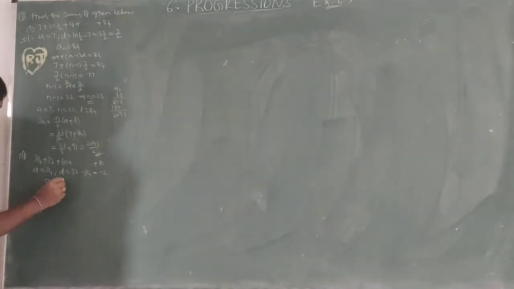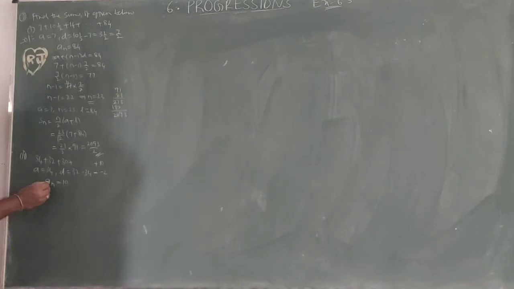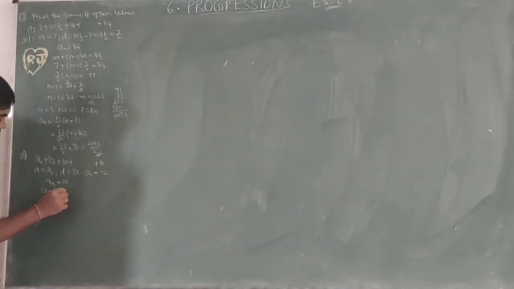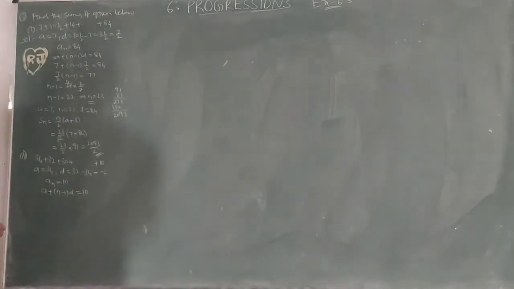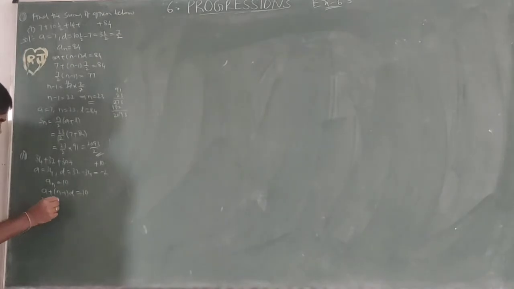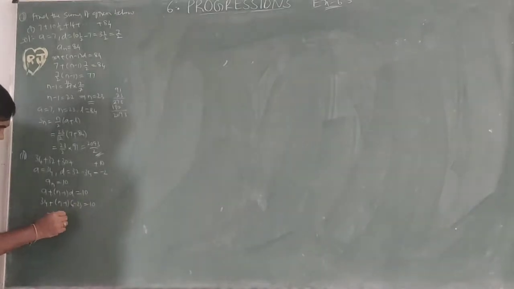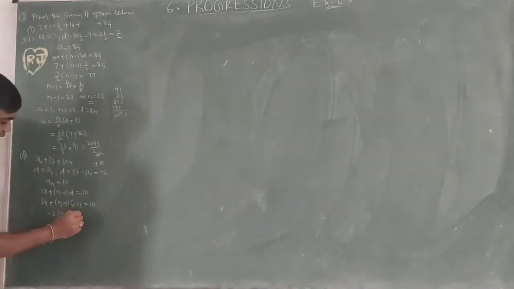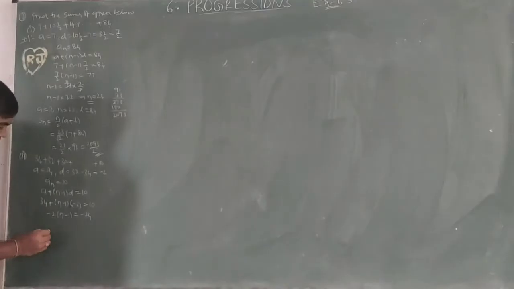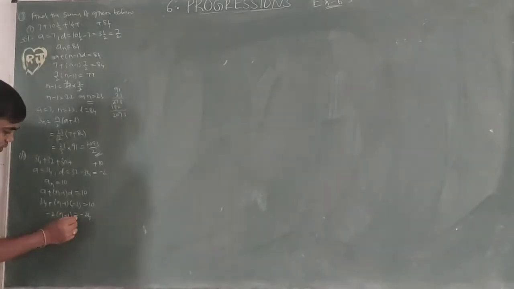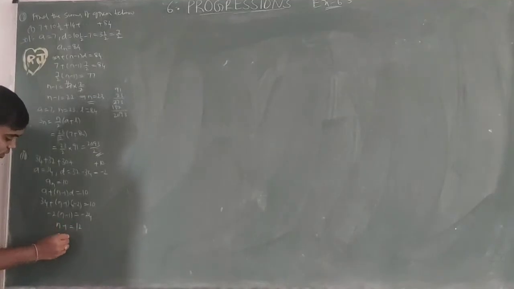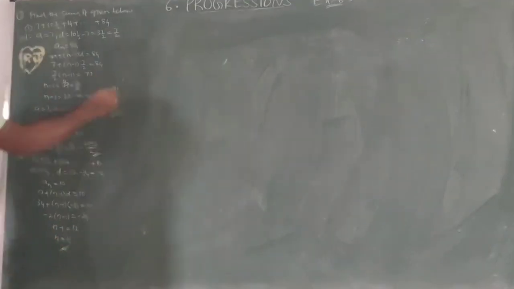An equals 10. An formula: A plus (n minus 1) d equals 10. 34 plus (n minus 1) into minus 2 equals 10. Minus 2 of (n minus 1) equals 10 minus 34, minus 24. Minus cancels. n minus 1 equals 24 by 2, which is 12. n equals 13. So we got the number of terms.